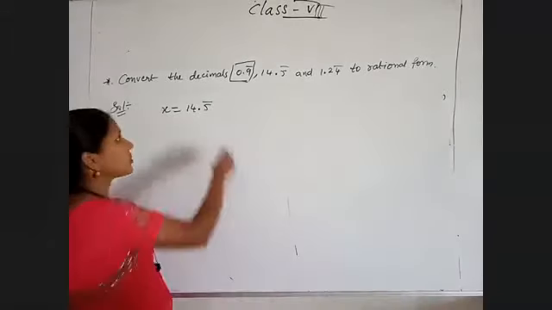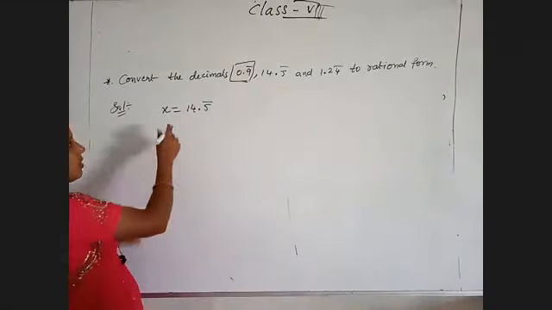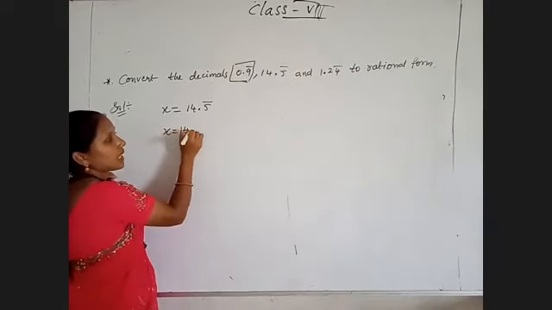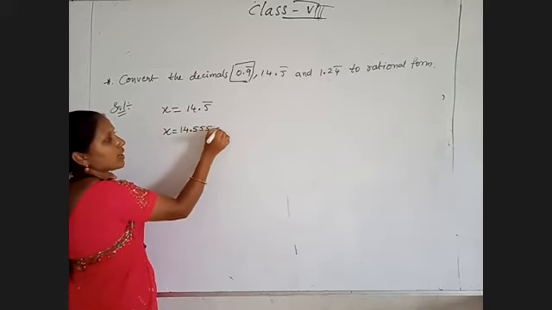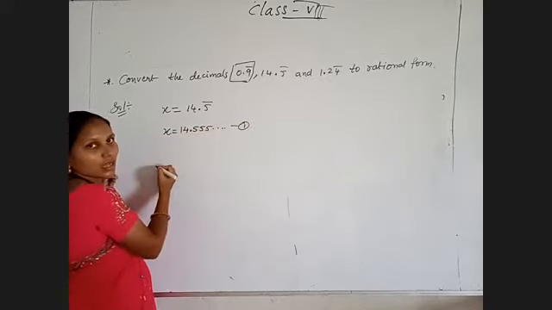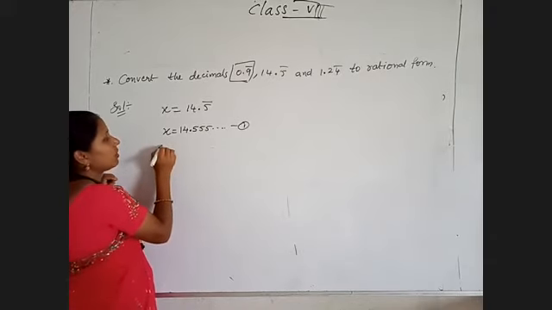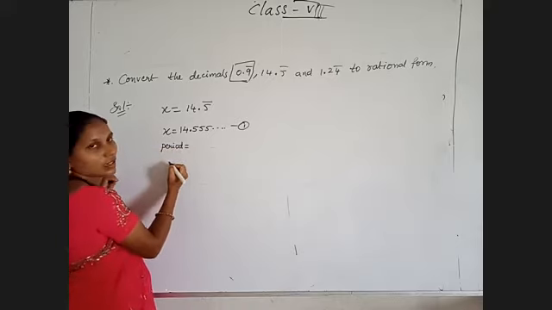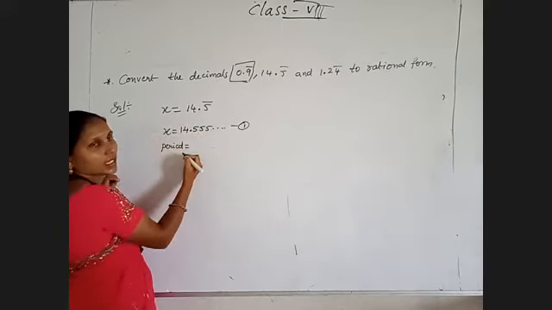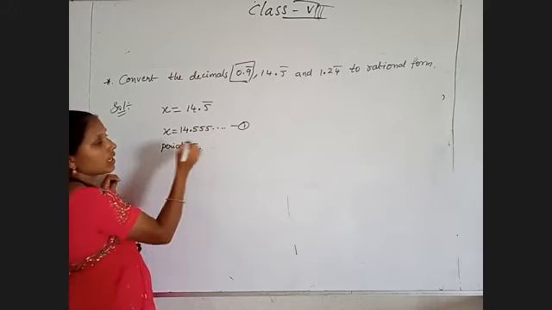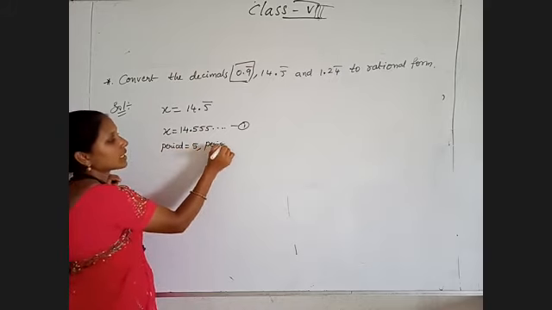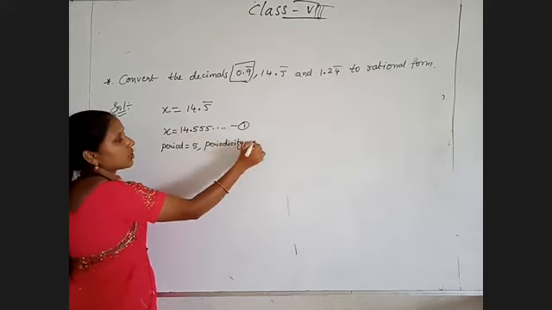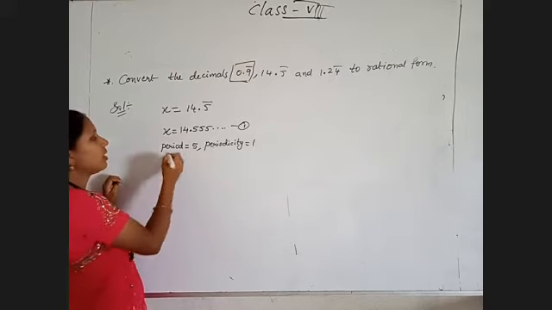Now coming to the second question, 14.5 bar. First elaborate this number using the formal method: 14.555 and so on. Let it be equation 1. Now find its period and periodicity. The period of the given number is 5, the number that is repeating. And the periodicity is 1, because only one digit is repeating.